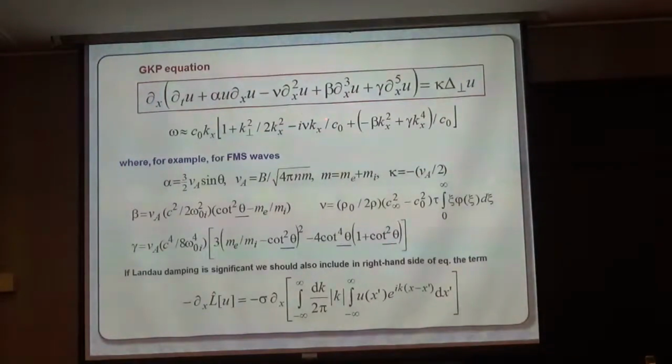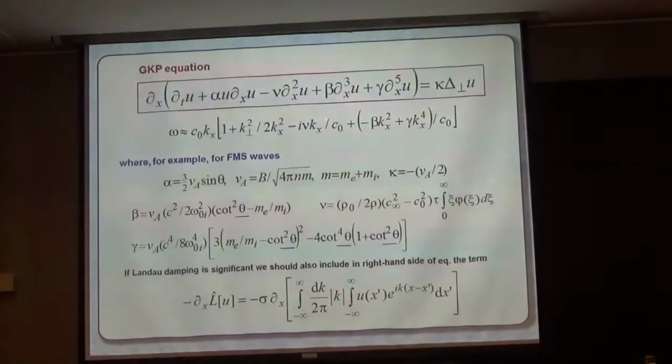Here, for example, for FMS waves, the coefficients are the following. And you can see that dispersion depends on the angle between wave vector and the magnetic field.